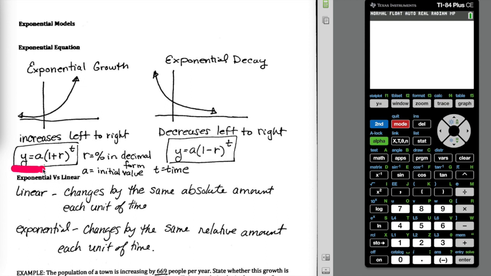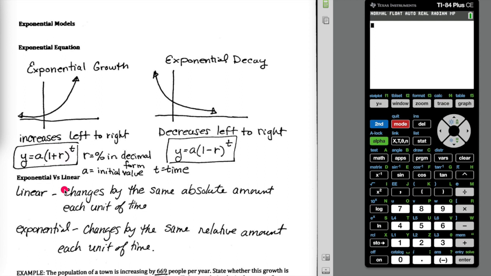So we're going to start off with this equation here. And this A represents the initial value, so whatever you're starting off with. This R represents your relative rate in decimal form.